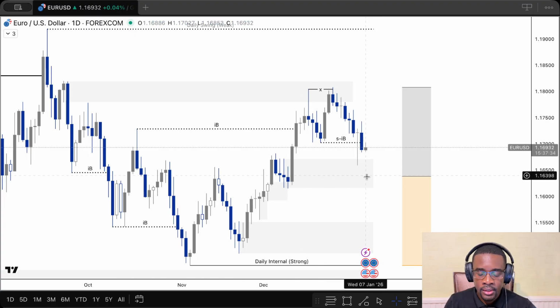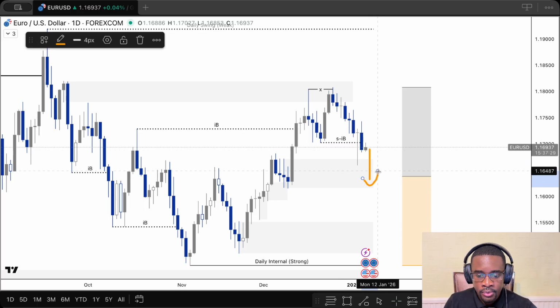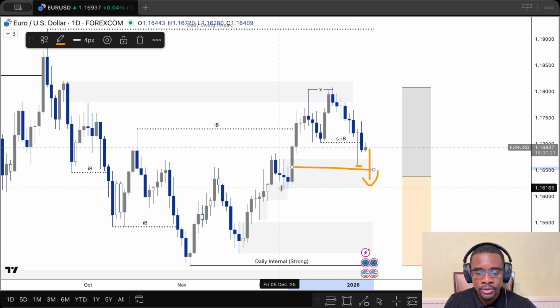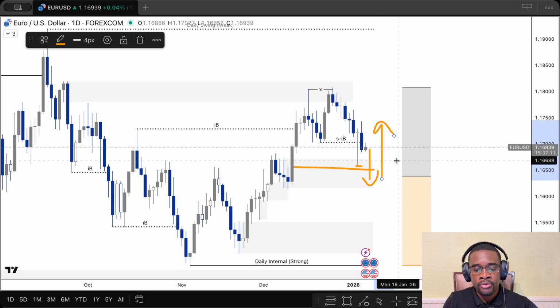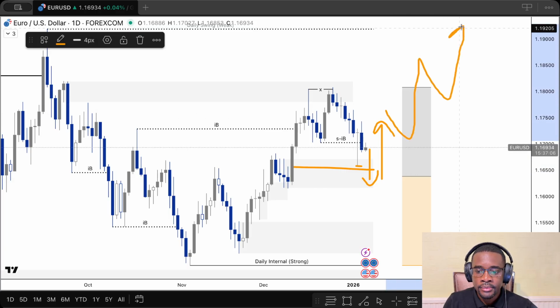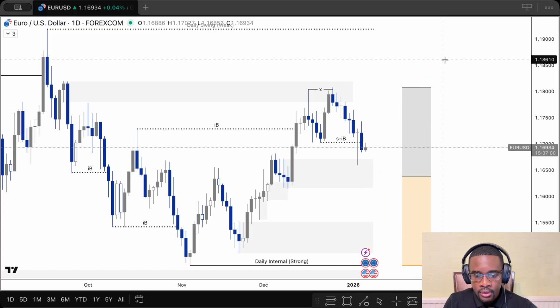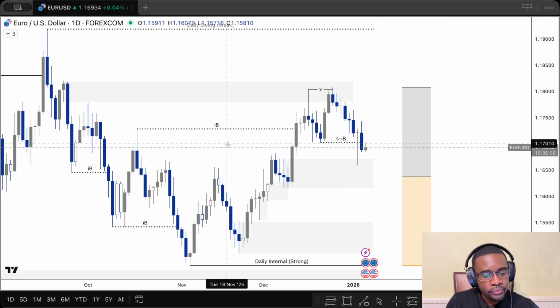So we could expect that price could do one more jab, sweep this low, tap into this extreme POI, which is what we were waiting for initially, and not simply the sell to buy range. Tap into that, and then have a reversal, then possibly start going up, targeting the weekly daily high up here. So that is a possibility.